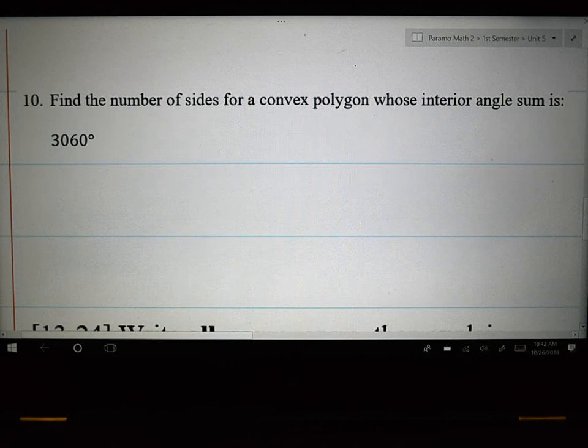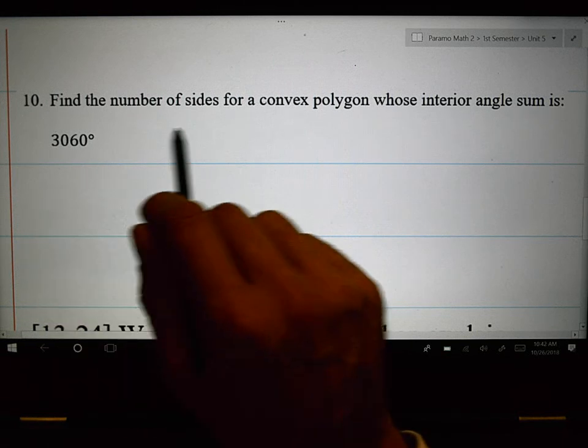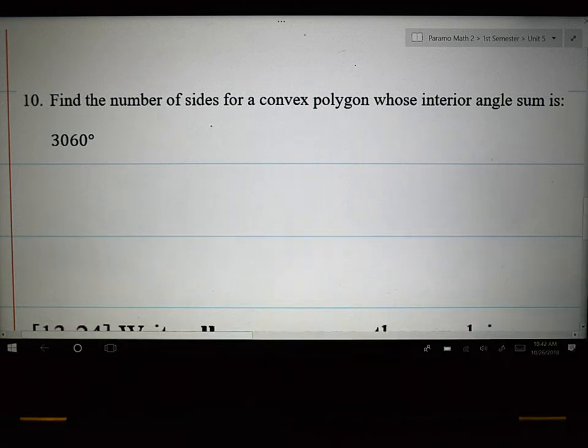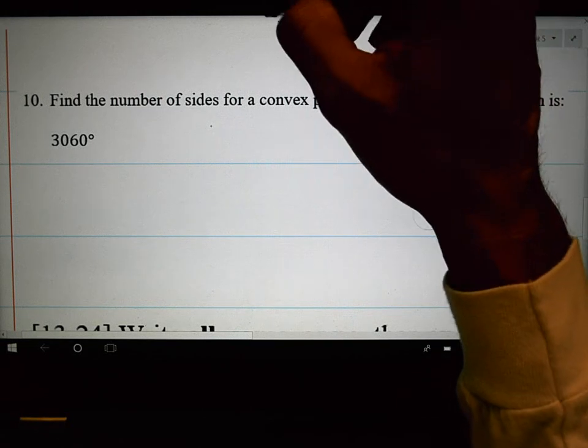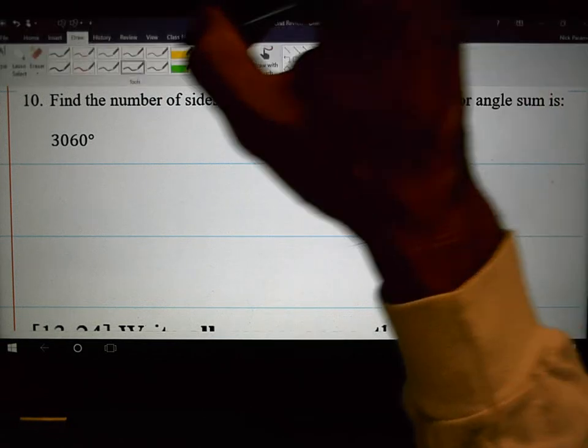Next question I jump to, number 10. There's a bunch of questions here that come from section 1 of your unit. It says find the number of sides for a convex polygon whose interior angle sum is 3060 degrees.